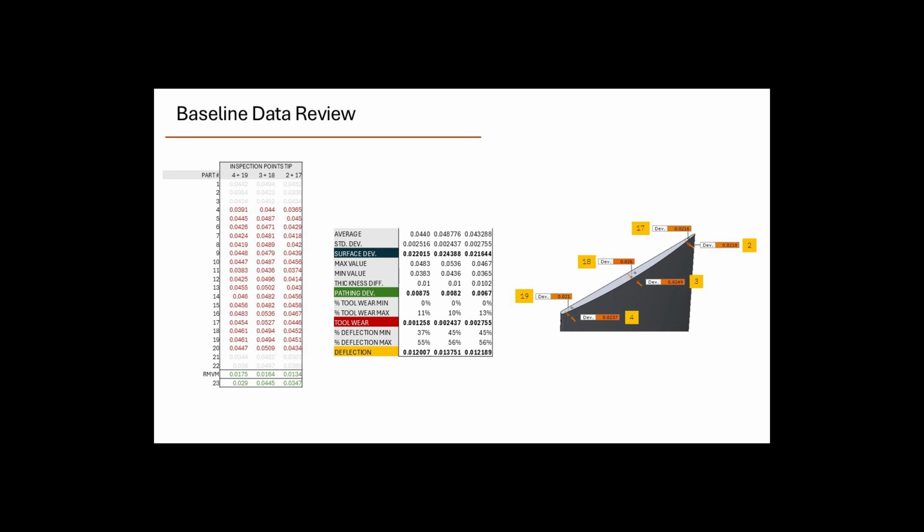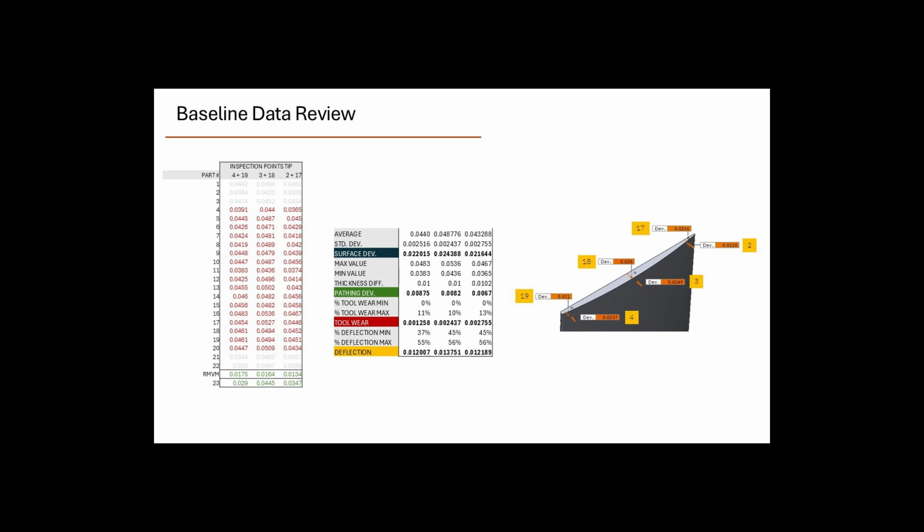So what we do then is we look at the standard deviation of the number of points here. For example, on this check, points 4 and 19 give us the thickness along the leading edge. Points 3 and 18 give us the thickness along the stacking axis, and points 2 and 17 give us the thickness along the trailing edge of this particular airfoil shape.